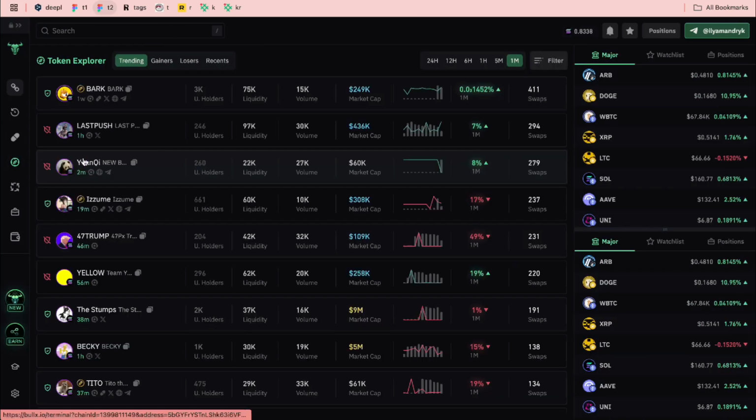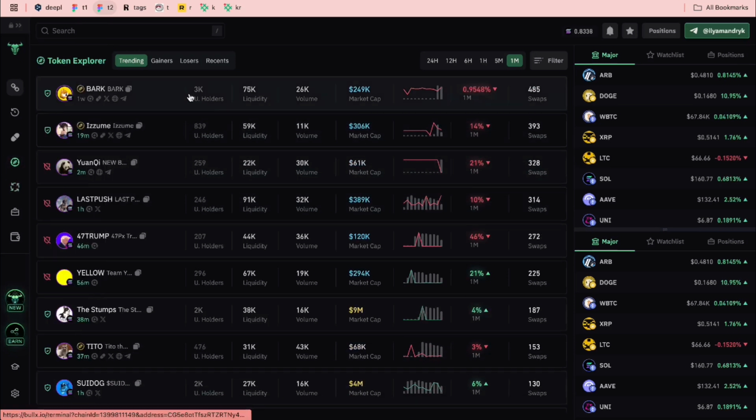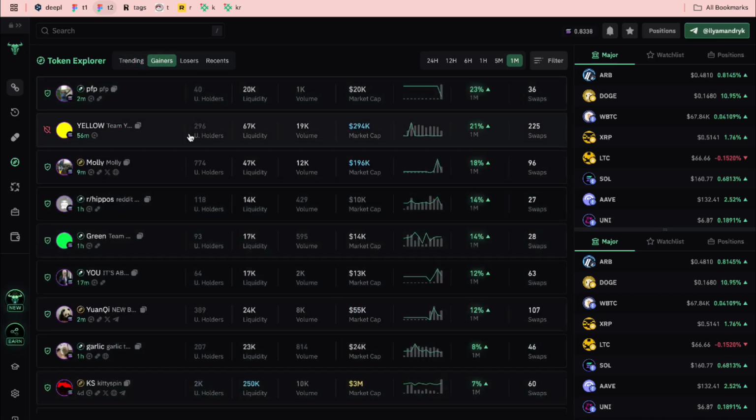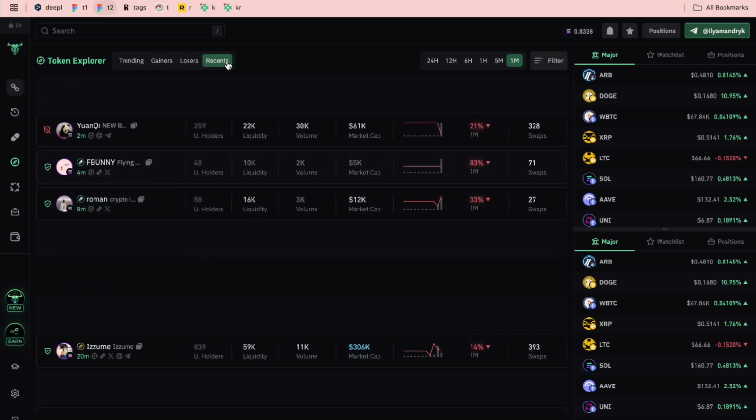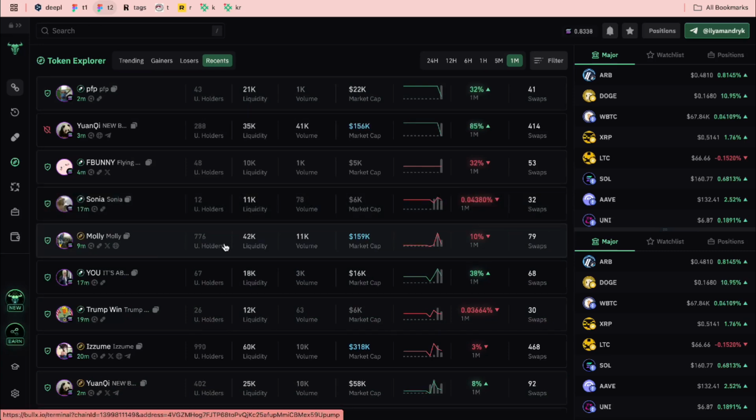We also have an explore folder here where we can find some token explorers like trading, gainers, who gain their numbers here, losers, and also recent, so the new tokens here. But as for me, I don't really use it a lot. I don't think it's really useful for traders.